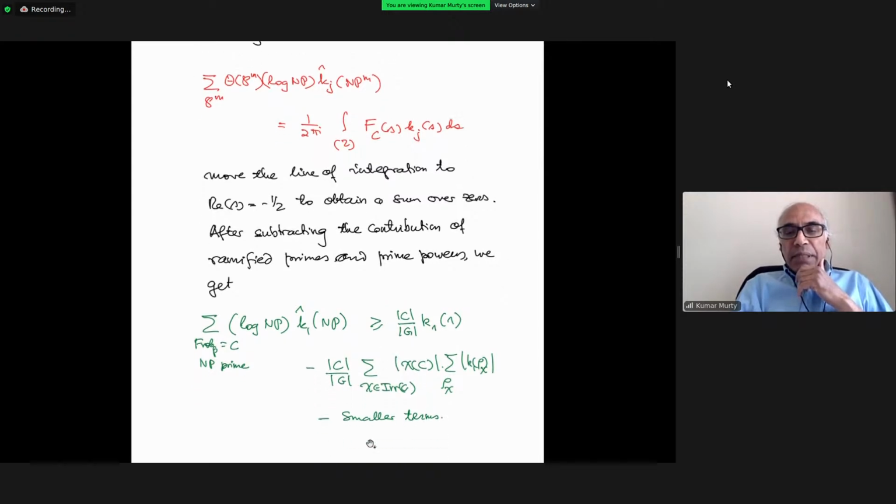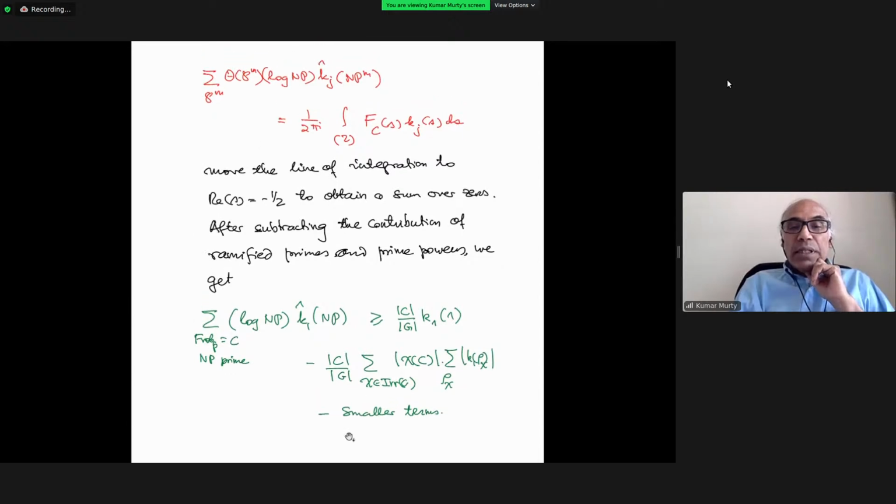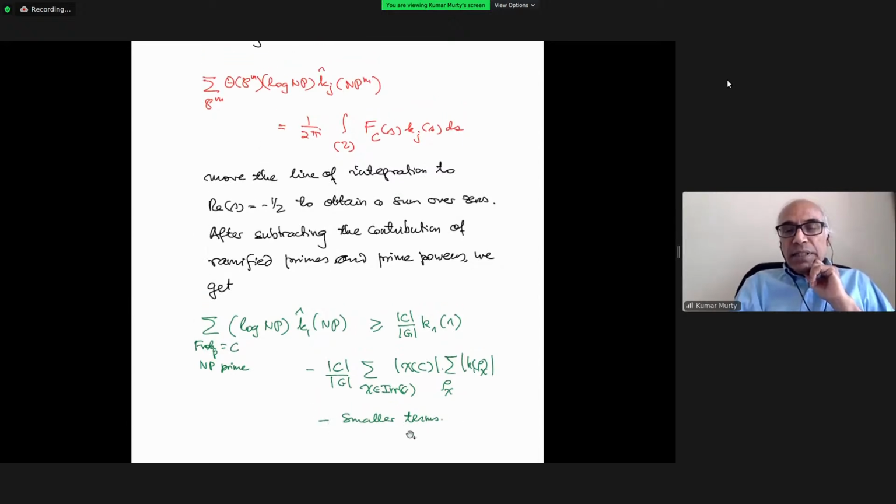And then I'll pick up a lot of other terms, partly coming from truncating integrals, partly coming from trivial zeros, or partly coming from prime powers, coming from ramified primes, all the nuisance terms that you have to carry. So that's why I just put an inequality here, that it's bigger than or equal to this, which is coming from the residue of this one, minus the contribution from zeros, and then smaller terms. Smaller terms means you still have to work to show that they are smaller, but they are.